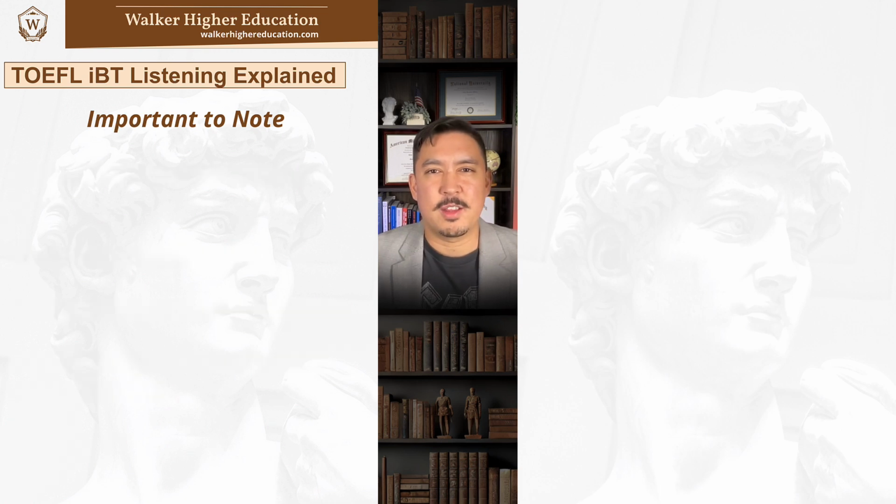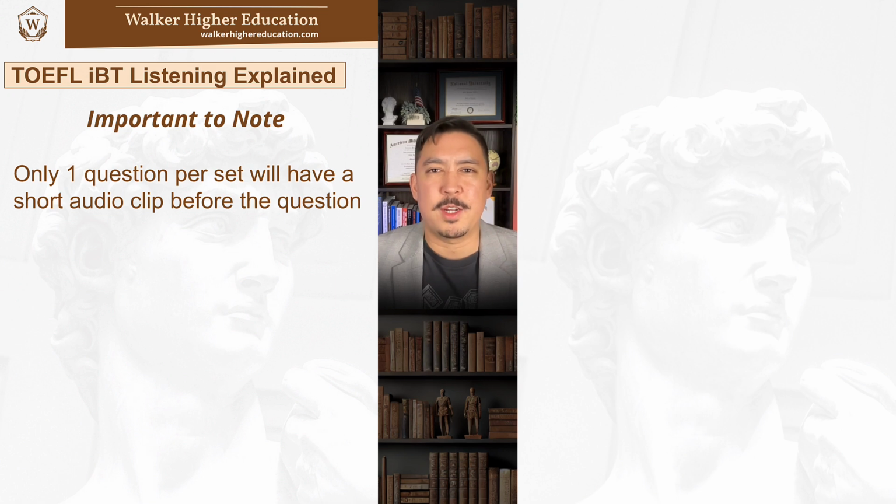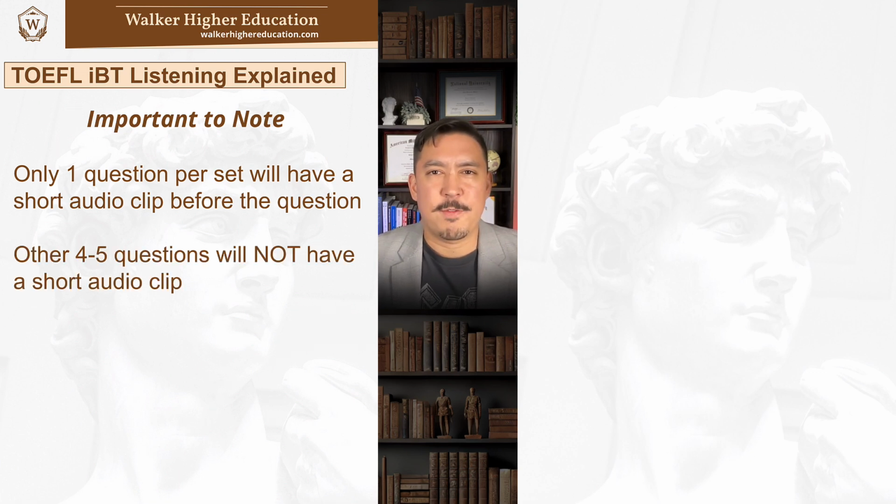When you're working on the set of questions after a listening passage, only one of the questions from a set will provide a short audio clip from the passage for you to listen to before answering the question. The other 4 or 5 questions will not play a short audio clip from the passage, which means you'll be relying on your notes and memory to answer those questions.